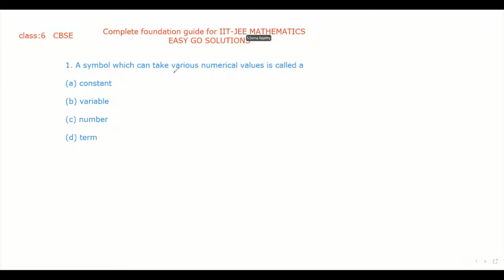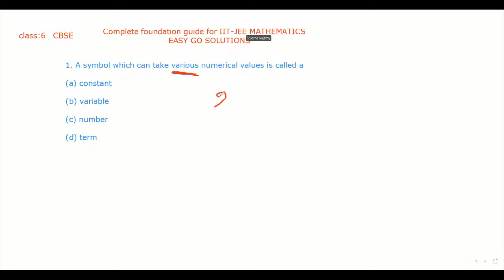So the keyword here is various. Various numerical values. As you all know, a constant is a term which has a fixed value, so you cannot take that. A variable is something that varies with the value, so you can keep changing the number.